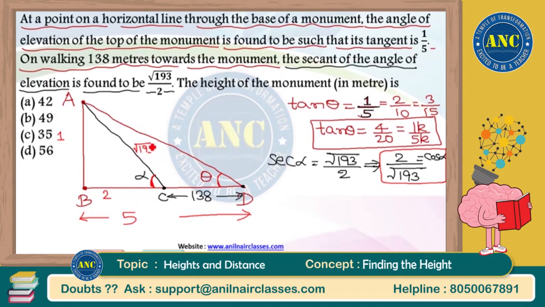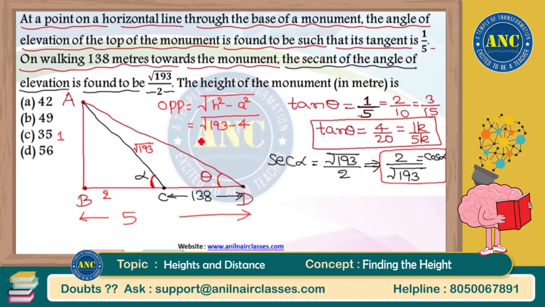That means I know the adjacent side 2. I know the hypotenuse. The opposite side is nothing but square root of hypotenuse square minus adjacent square. So this is square root of 193 whole square, which is 193, minus adjacent whole square. Adjacent square is nothing but 2 square, 4.